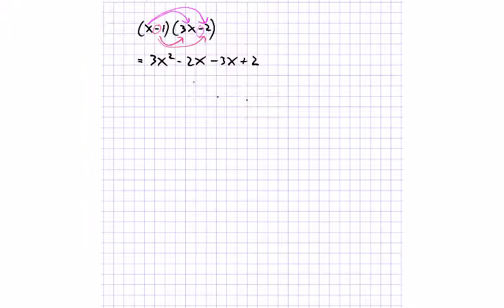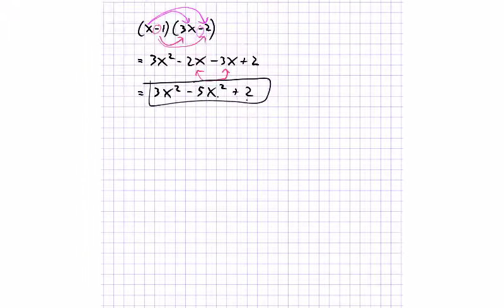Now I could obviously simplify this by combining the like terms, and that gives me a second degree polynomial, 3x squared minus 5x plus 2. We're going to look at those kinds of expressions a lot in the upcoming videos.